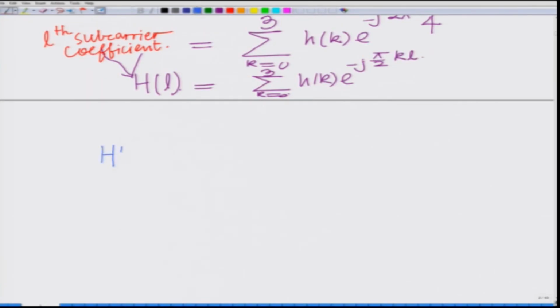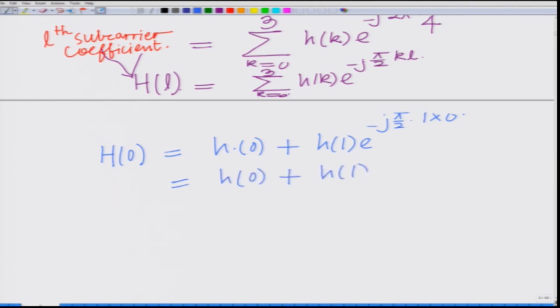So, H0 is basically h of 0 plus h of 1 e power minus j pi by 2 k, with k equal to 1 and L equal to 0. So, basically this is h0 plus h1.